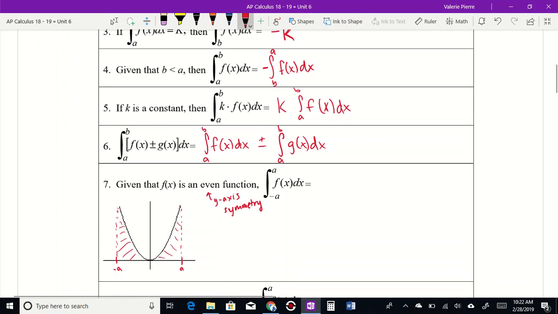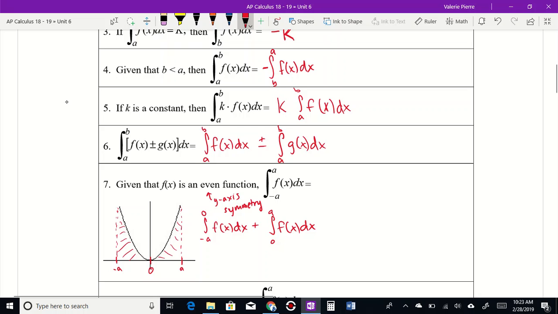So if we know that 0 is going to be right in the middle of this, we can go from negative a to 0 of f of x dx and add to that from 0 to a of f of x dx.